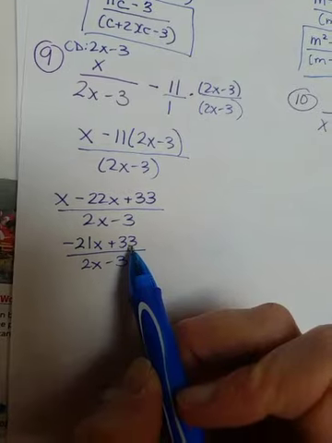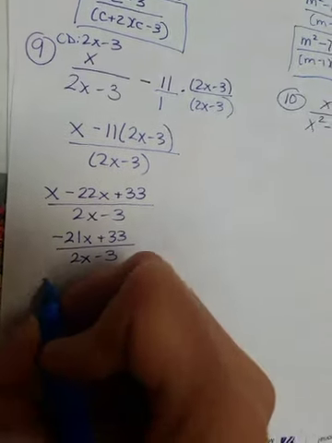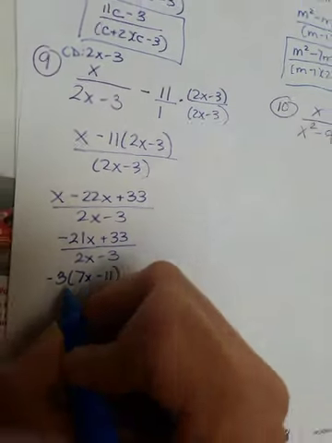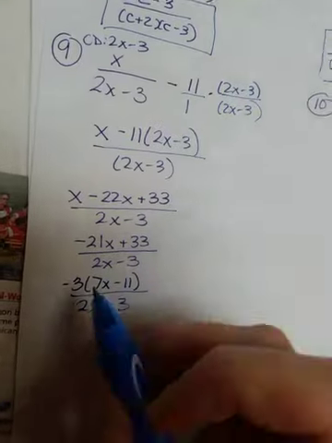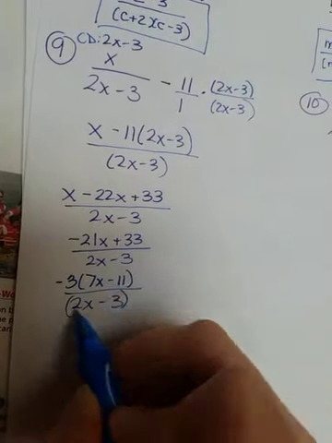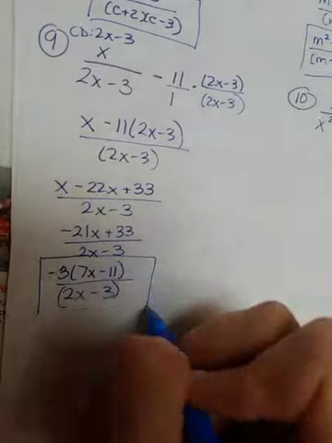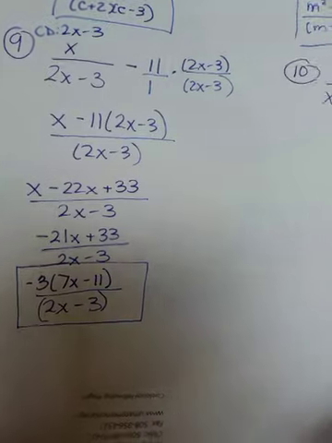I'm thinking a 3, and we're going to take out a negative so that this first term's positive. So I'm going to take out a negative 3, and that's going to leave me with a 7x minus 11 over 2x minus 3. So if these were to cancel, my two parentheses here would have to match, but they don't. So again, the negative 3's, those cannot cancel. This is part of a binomial right here. So that's my answer. That was a situation where factoring didn't help you.